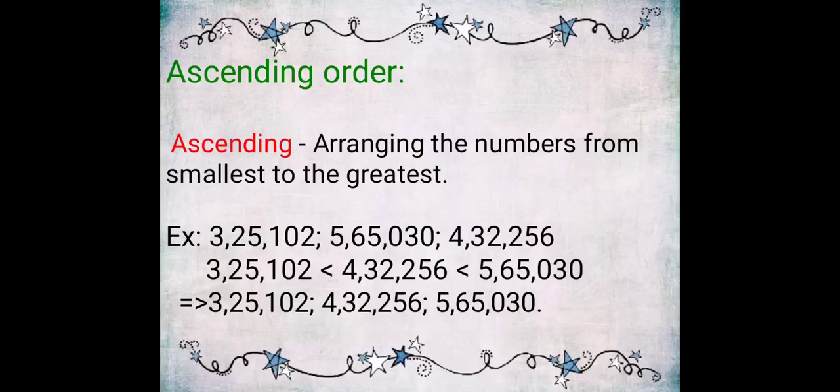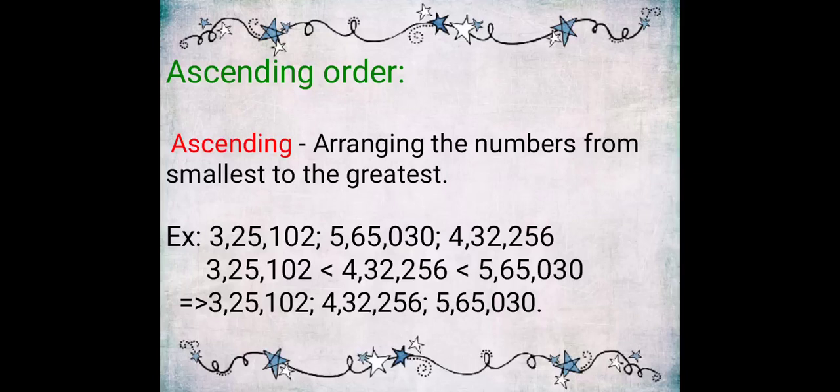So that is nothing but 3,25,102 and 5,65,030, and my third number is 4,32,256. Just now you have studied how to compare the numbers, isn't it? Now compare the numbers and find out which is the smallest.